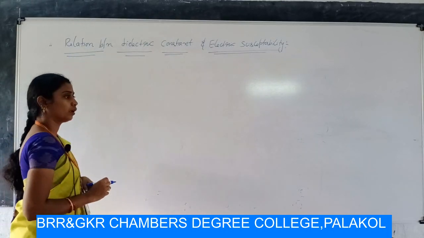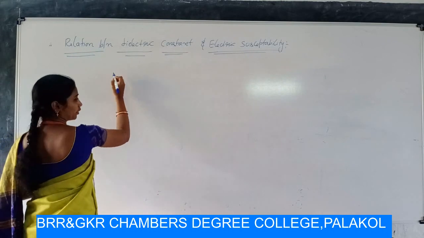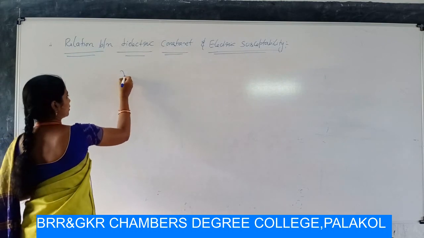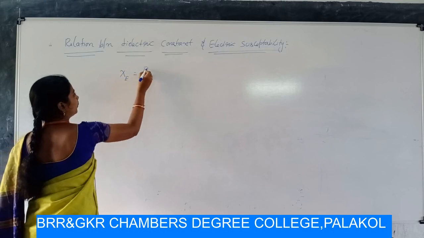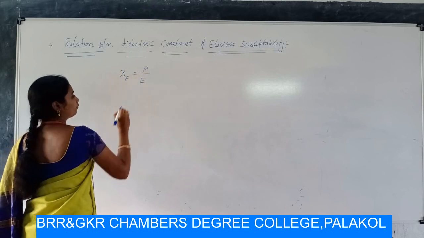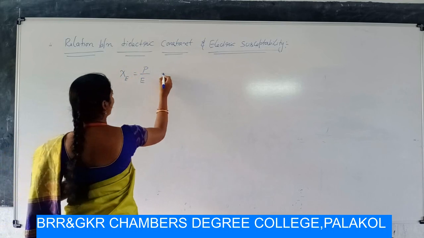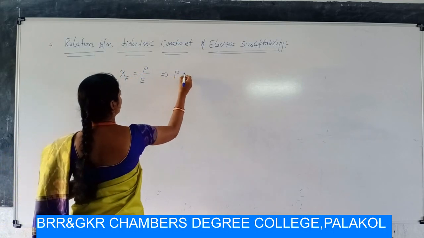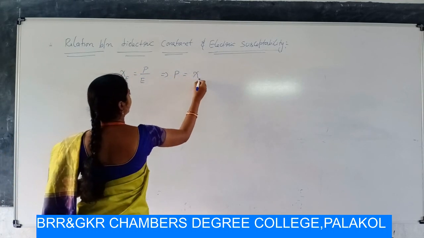Here we know the electric susceptibility is psi e equal to P by E. From this we can write polarization P equal to psi e into E.